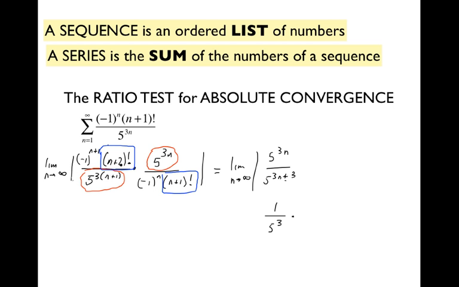N plus 2 factorial is n plus 2 times n plus 1 factorial, leaving us with n plus 2. Okay, limit equals n plus 2 over 125.